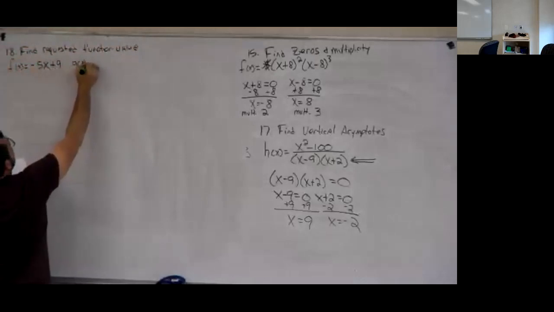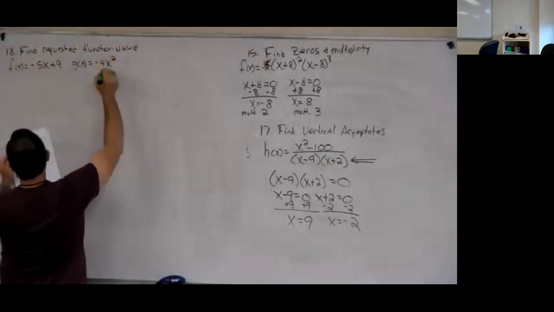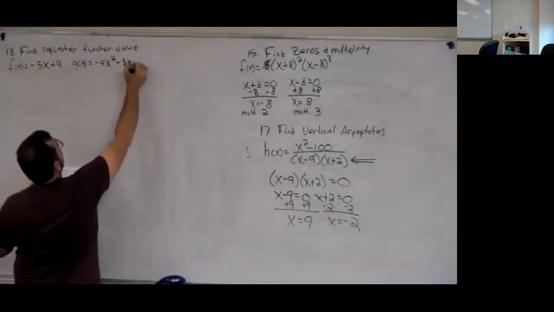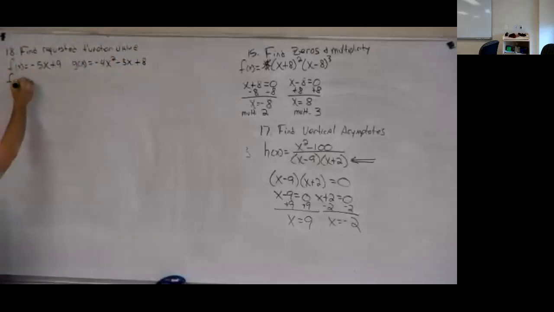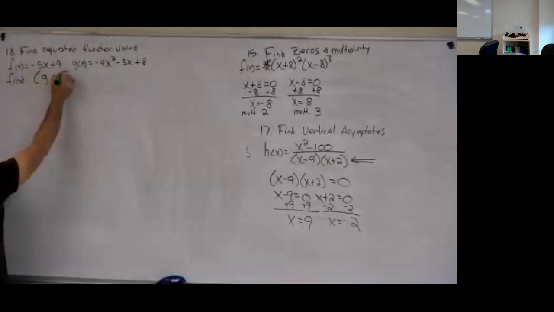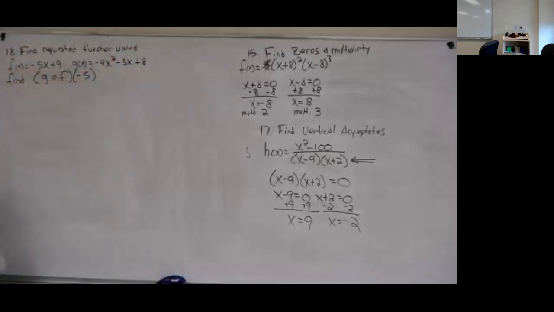G of x equals negative 4x squared minus 3x plus 8. They want us to find g of f of negative 5. So these were the compositions.